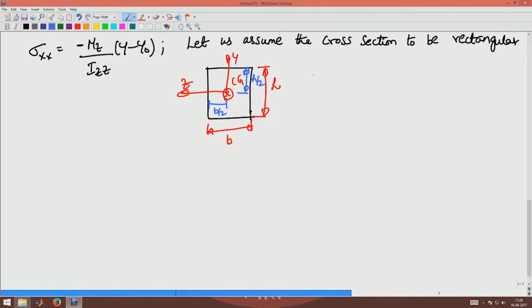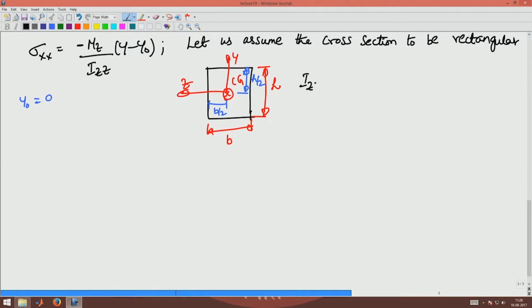Now I am measuring y from the center of the cross section. So y naught is 0 from here, because the origin of the cross section coincides with the center of the cross section. Okay. Now what is Izz?